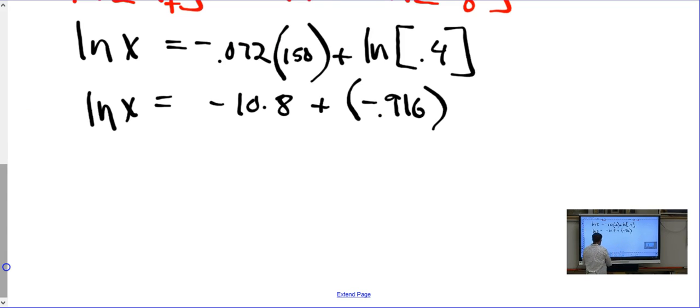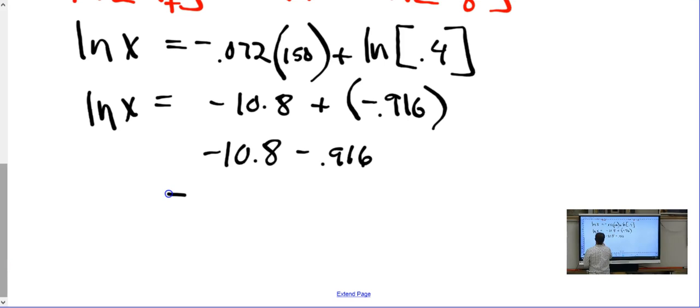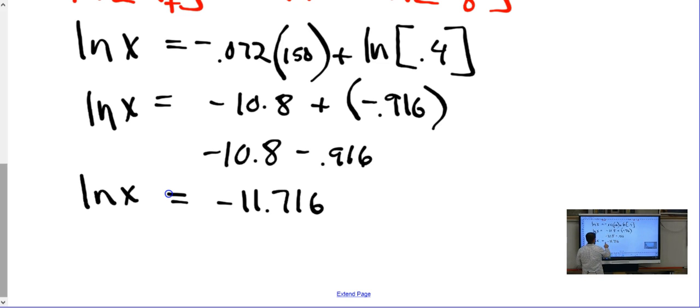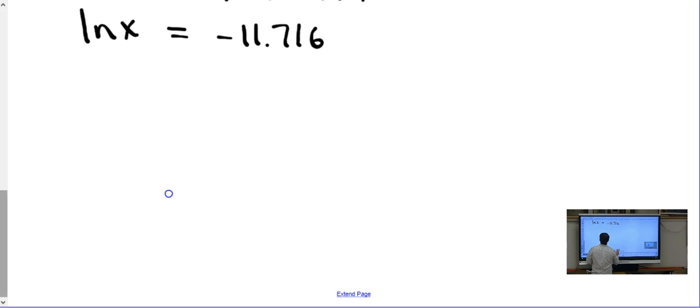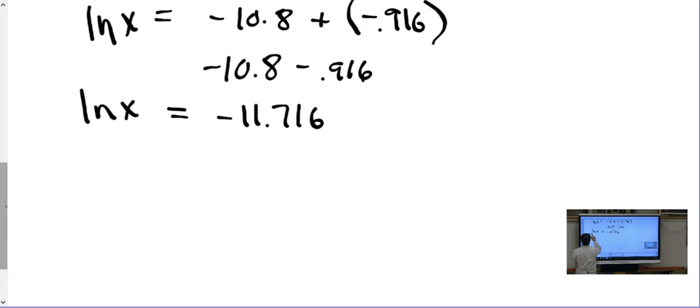All right, so I have negative 10.8 plus negative, which really just means minus 0.916. I get that equal to negative 11.716. And I know the ln of x is equal to that. And so to solve for that, I don't divide by the ln.